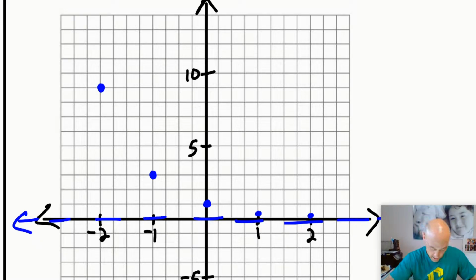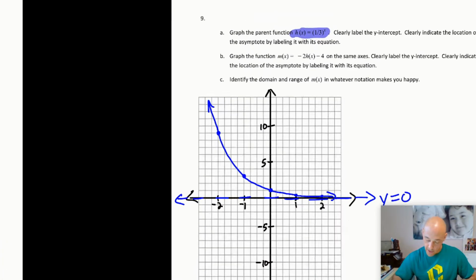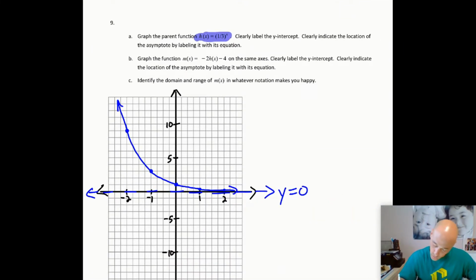And so that is our graph of the equation. And then it's going to grow super fast. So that is h of x, which is equal to 1/3 to the x. Oh, and my y-intercept here is 0, 1. And that is all that it asks us to show.